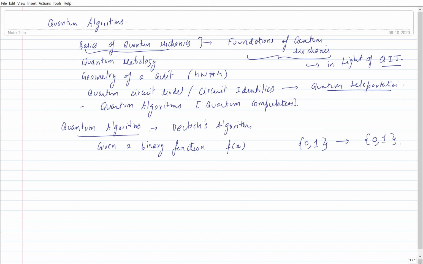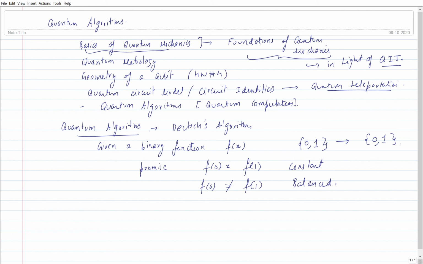So given a binary function, I have been given a promise. The promise is it's either a constant function or it's a balanced function. So if f(0) is 0, f(1) has to be 1. If f(0) is 1, f(1) has to be 0. So this is the promise.